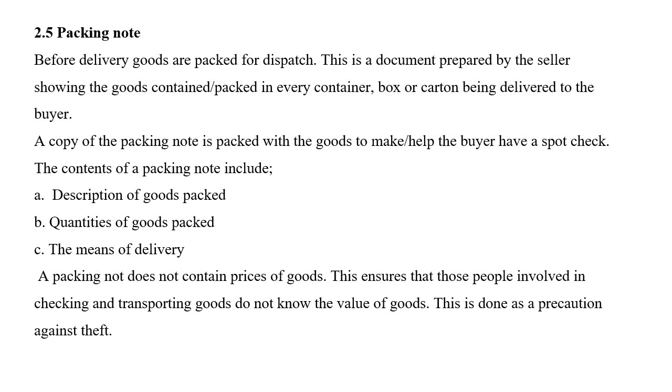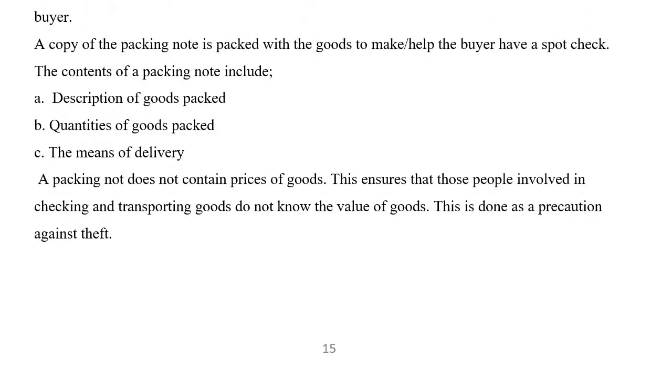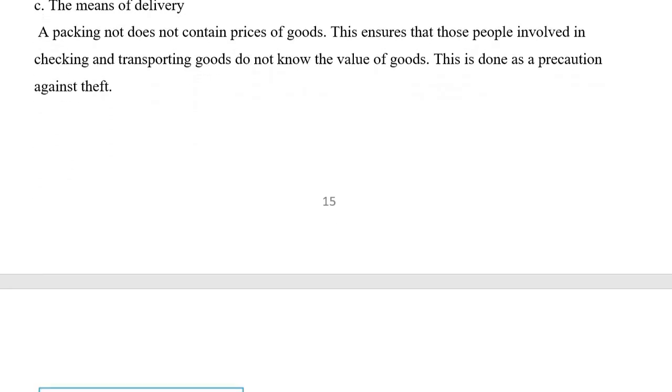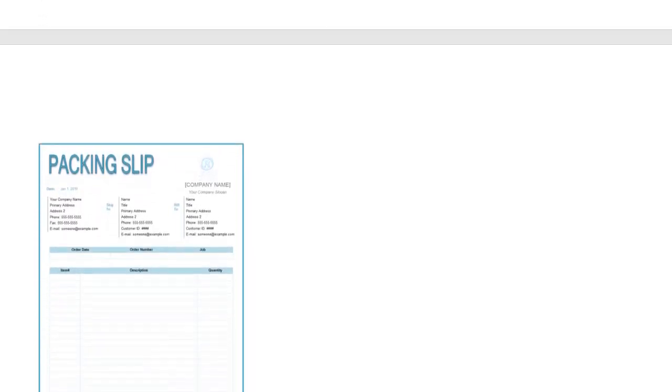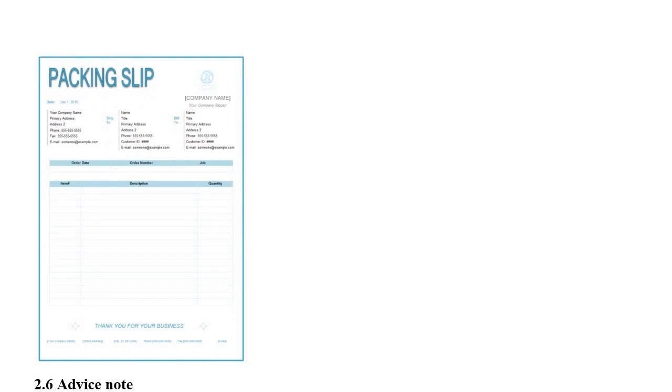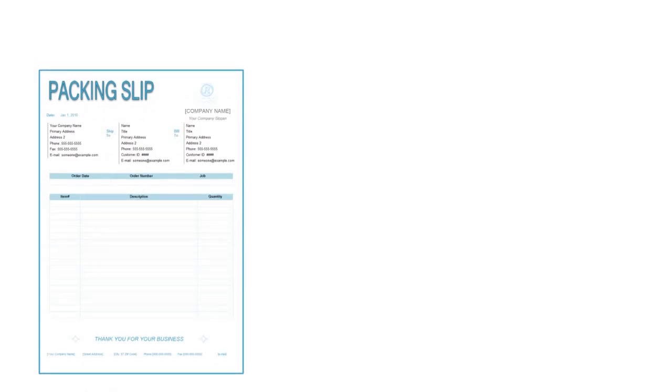So let's see the contents of a packing note. We have the description of goods packed, quantities of goods packed, and the means of delivery also. So let's see how a packing note looks. Yeah, so a packing note is here. We have the packing note here. So let's just go to this table. We have the item column.